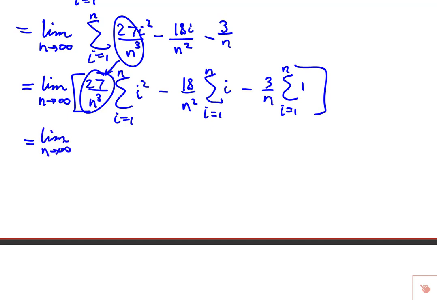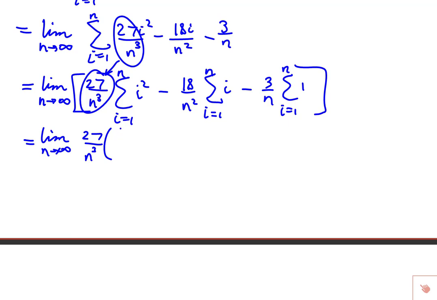So we want now here, let's rewrite again, the limit as n approaches infinity of 27 over n cubed, that was that first constant we put out front, times, now instead of writing the sum from i equals 1 to n of i squared, we're going to write what that equals in its expanded form.